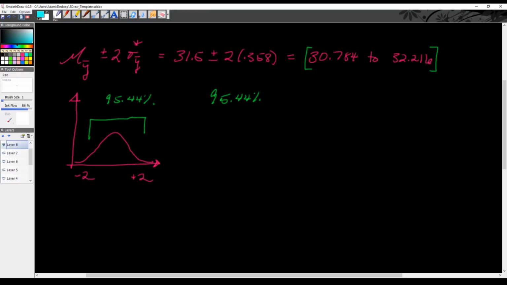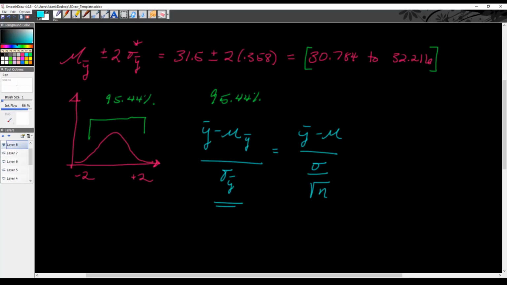So basically what we're saying is that if the population that is sampled is normally distributed, then the population of all possible values of the sample mean minus the average of the averages, the true mean, divided by the standard error, which is y bar minus mu divided by sigma divided by root n, has a standard normal distribution.